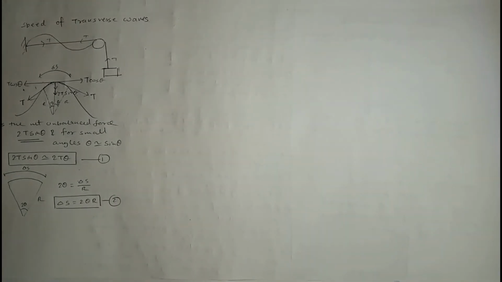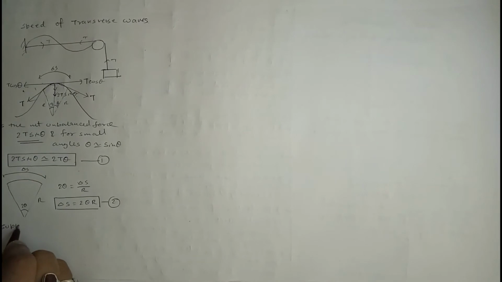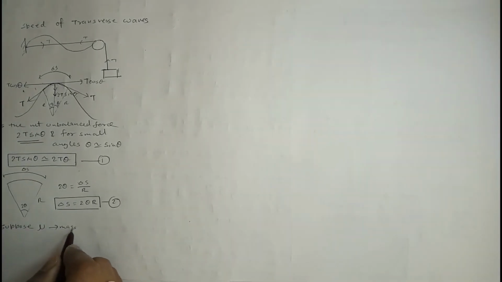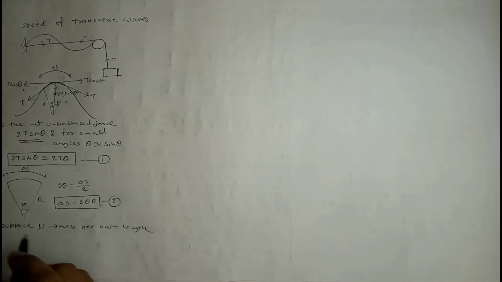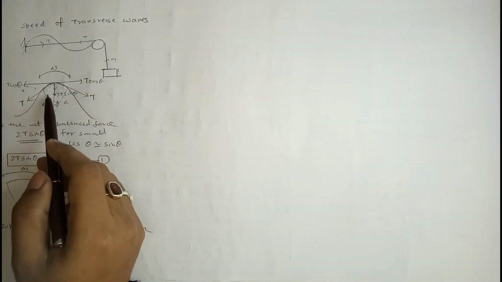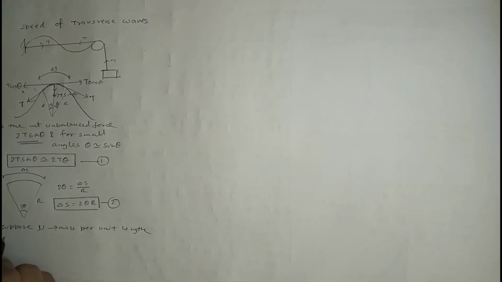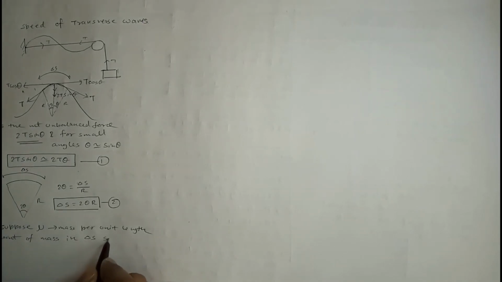Now we know that we suppose there is some linear mass density, because the body has some mass, then it has some density. Here the mass is linear, and the linear mass density mu is equal to mass upon length.